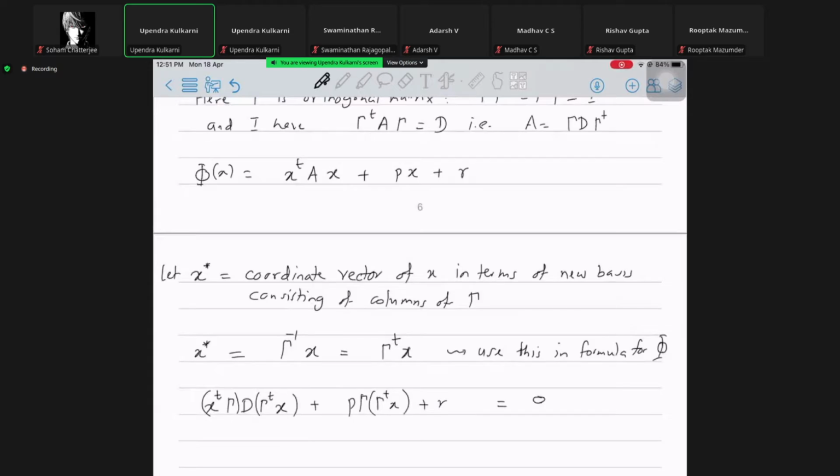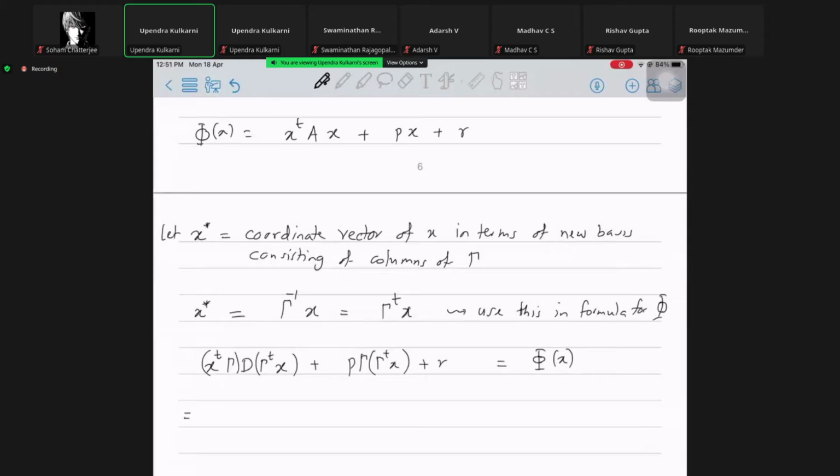So this is what phi of X is. Gamma transpose X is X star. So this is X star transpose times D times X star, plus P gamma times X star, plus R. And I will give this a new name. So this is going to be some psi of X star.